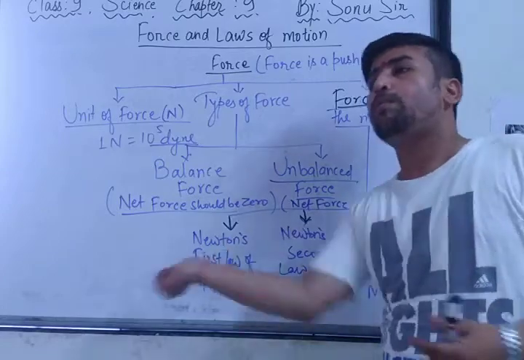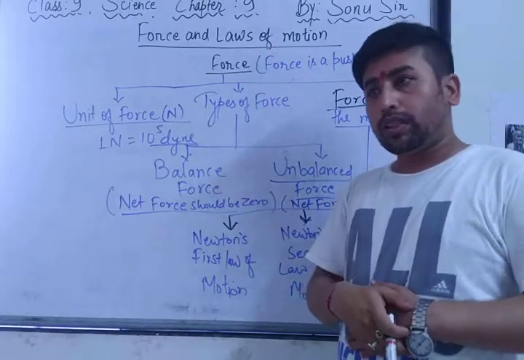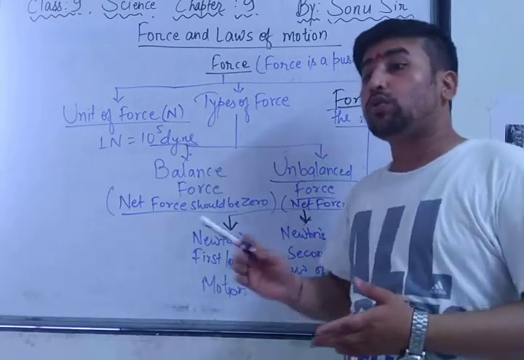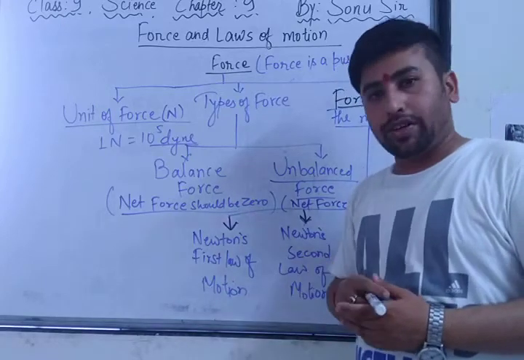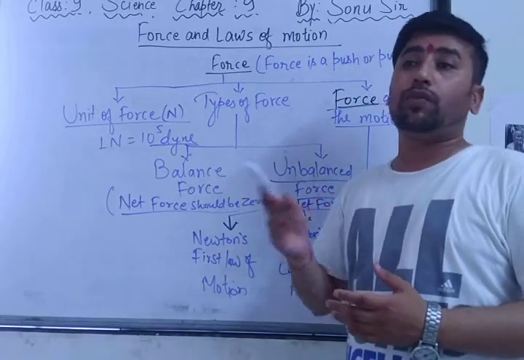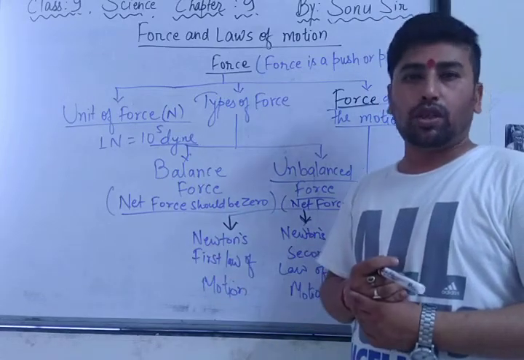Similarly, when we throw a ball, why does the ball go for some time and then stop? Because at that time your force is greater than the gravitational force, so the ball is moving. When the gravitational force becomes more than your force, the ball stops.